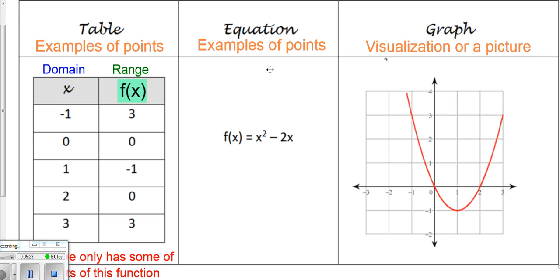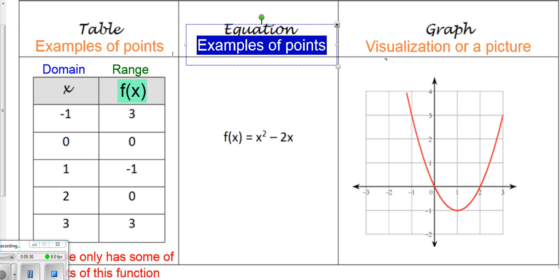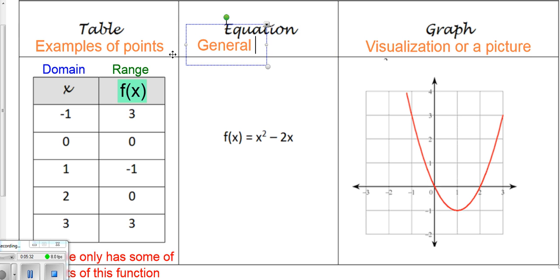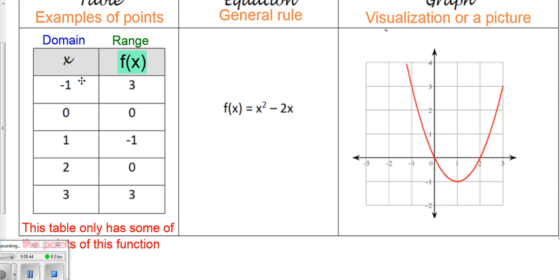Now looking at our equation, this isn't examples of points, this should be a general rule. We should be able to look at our equation and say this will cover every single point we're looking for. Notice on our table we don't have any decimals or fractions. If I wanted to, I could plug decimals or fractions into this rule, into this equation.